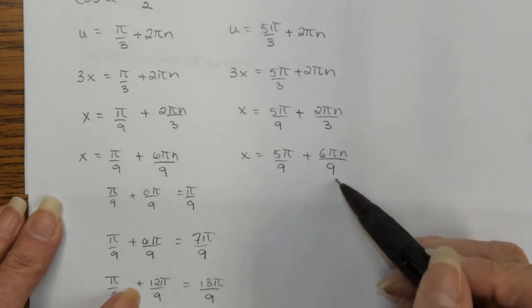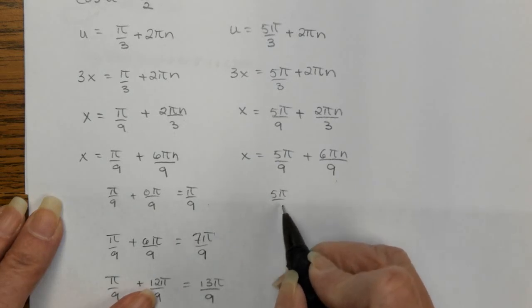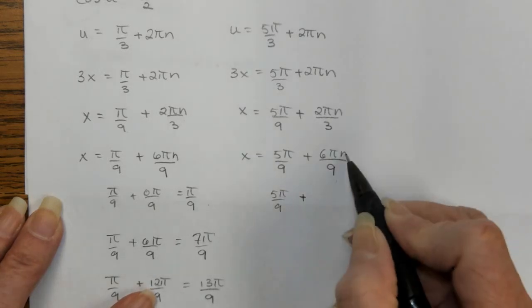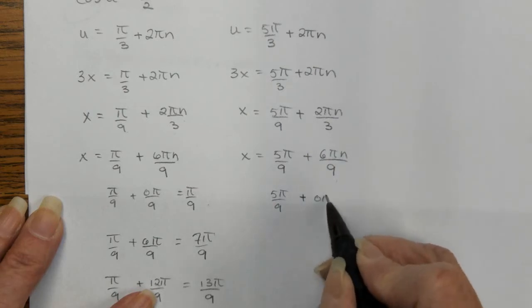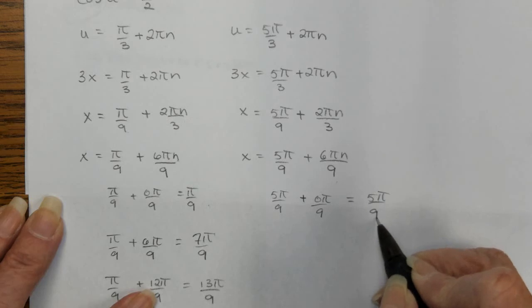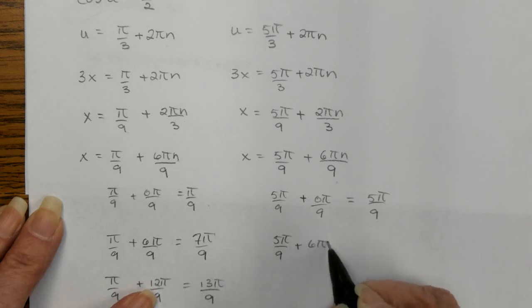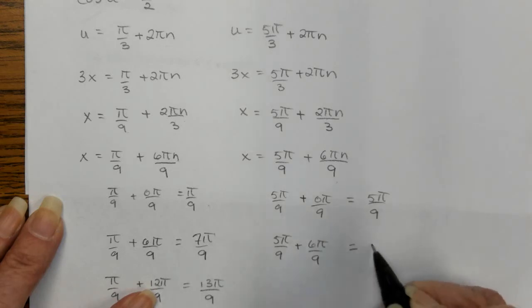So now I'm going to come over here to my other equation, and I'm going to do exactly the same thing. I'm going to take my 5 pi over 9. I'm going to substitute a 0 right here and get 0 pi over 9. And that gives me 5 pi over 9. Then I'm going to substitute in a 1 for that n, and I'm going to get 6 pi over 9. And that will give me 11 pi over 9.